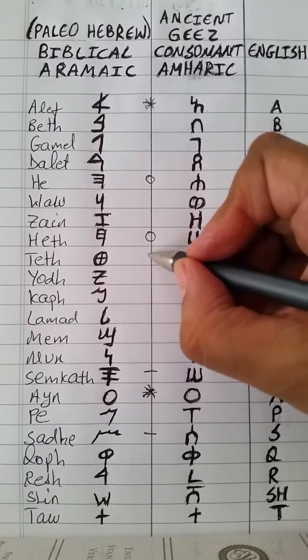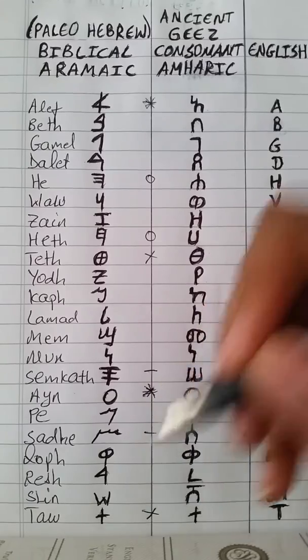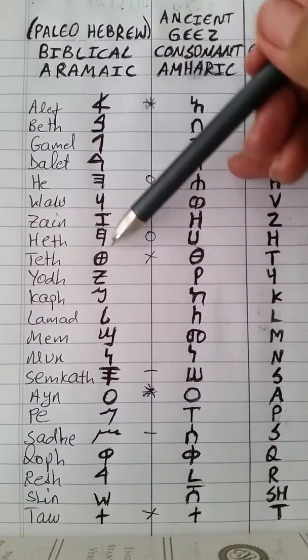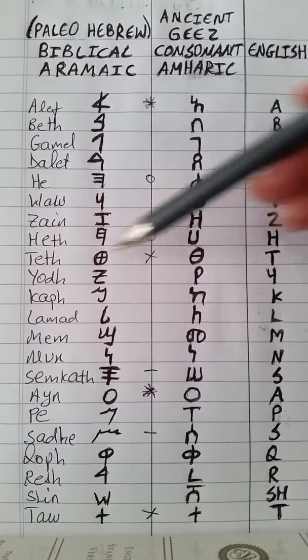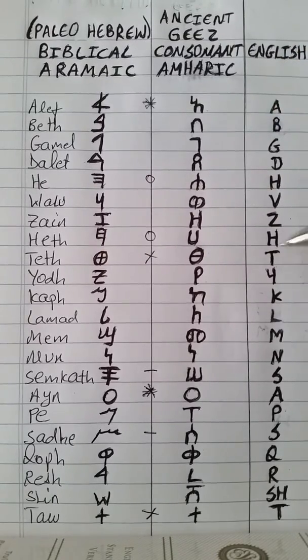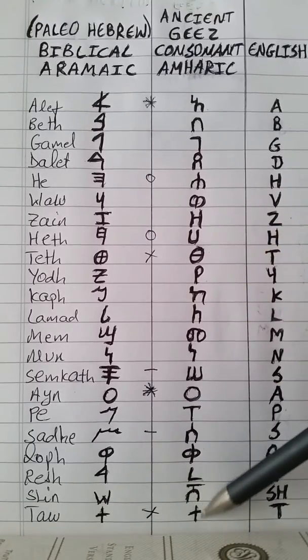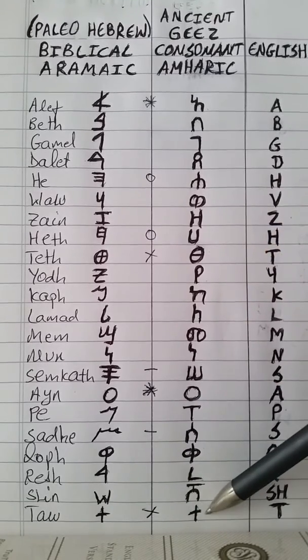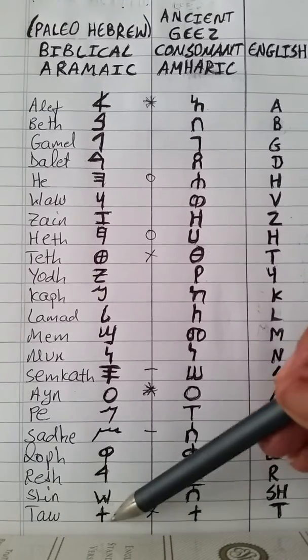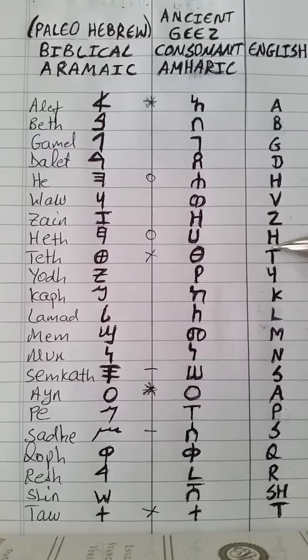You see that? Tate with this circle, which is represented by T, and also Tau with this symbol represented by this in Amharic, which is represented twice, the T sound in English.